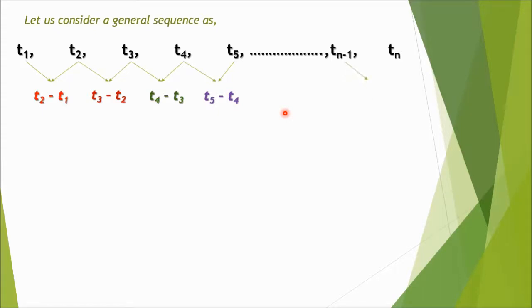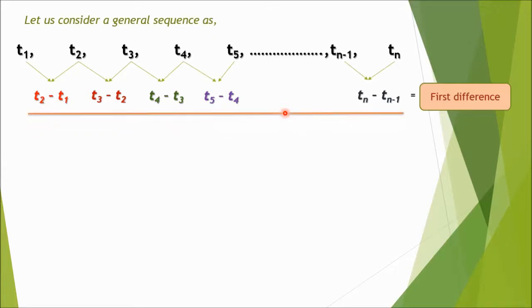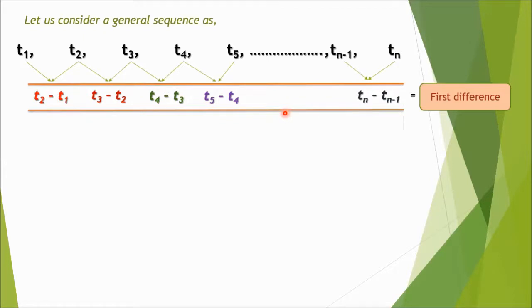And similarly, if we go to the last two terms, then the difference will be Tn minus Tn minus 1. Now that, as we studied in class 9, is a first difference, isn't it? We have studied this. If the sequence is a linear sequence, then their first difference will be equal. We studied in that way. Okay, now let's.